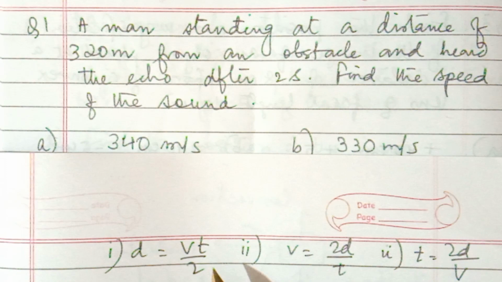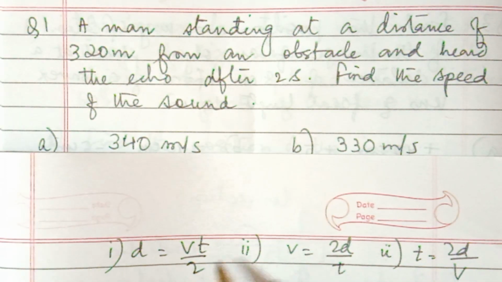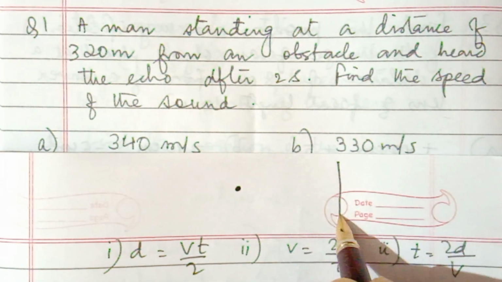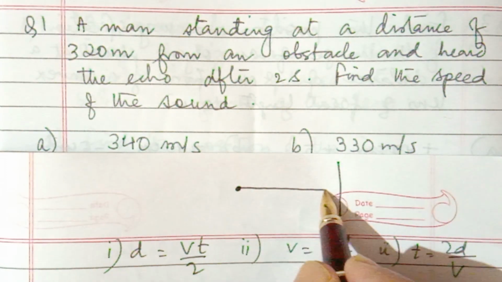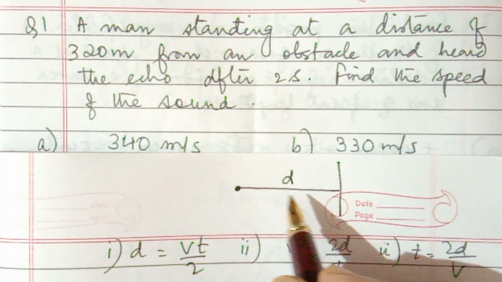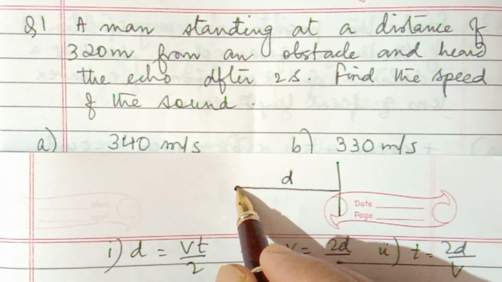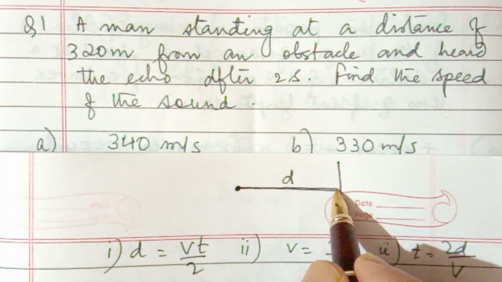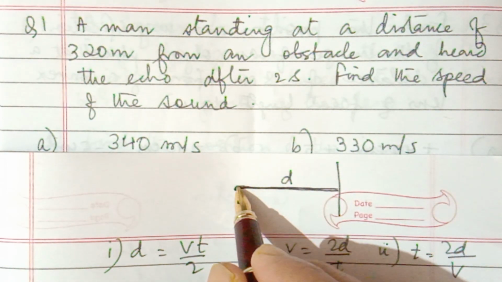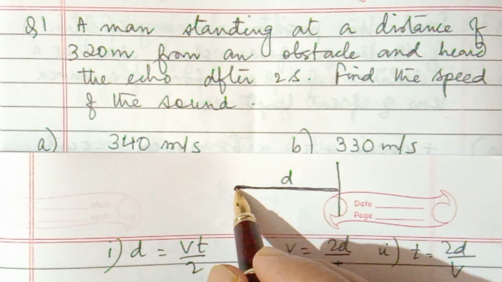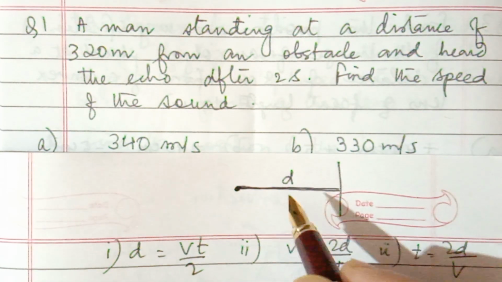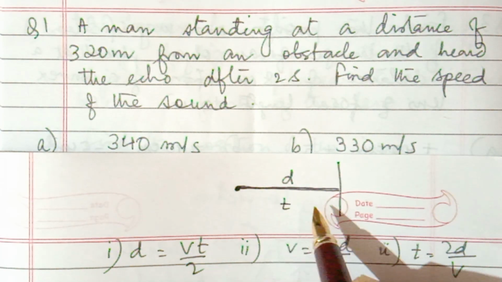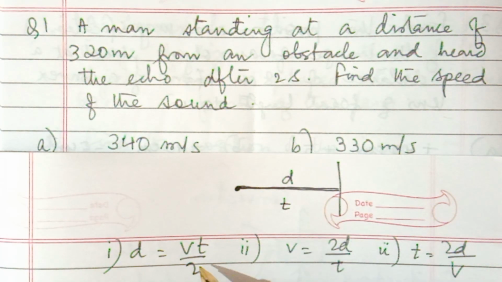This factor 2 comes here because if the source of sound is here and the obstacle is here, then this is the one-way distance, but the echo, the reflected sound, travels this distance twice. It comes back to the listener. So total distance is 2d and time is t. That's why this factor 2 comes here.